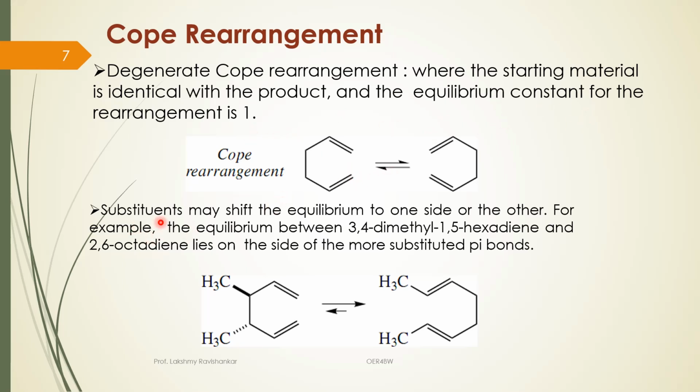However, if you have substituents, they are capable of shifting the equilibrium to one side or the other. For example, the equilibrium between 3,4-dimethyl 1,5-hexadiene and 2,6-octadiene lies on the side of the more substituted pi bond. So this is more substituted, so the reaction is favored in the forward direction.